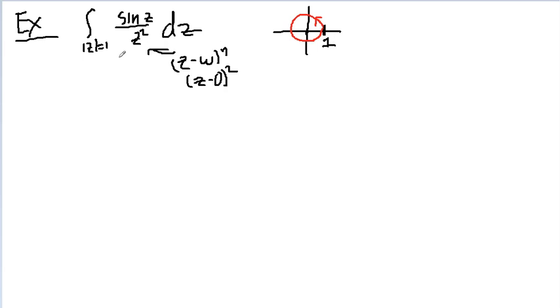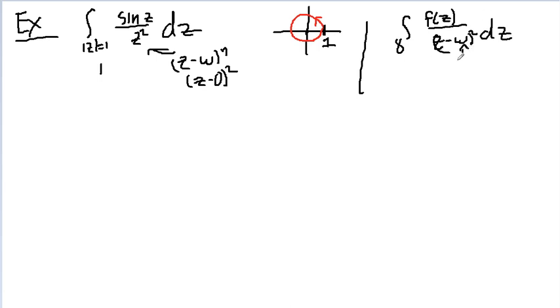And I explained this in a previous screencast. The formula is, as long as you have a nice enough curve, if you have f of z over z minus w squared dz, where w is in the interior of gamma, right?